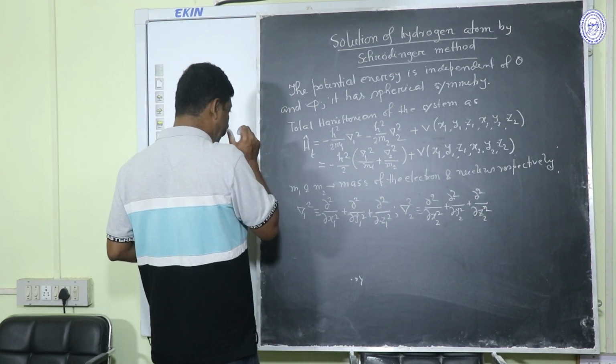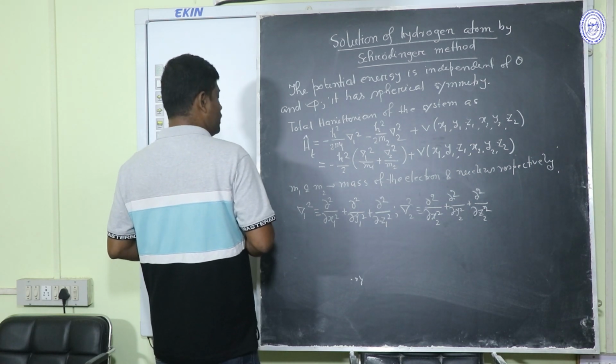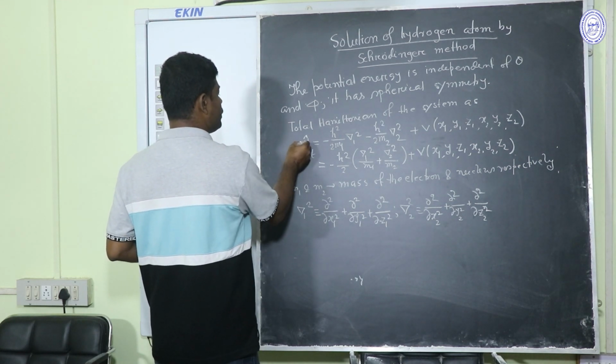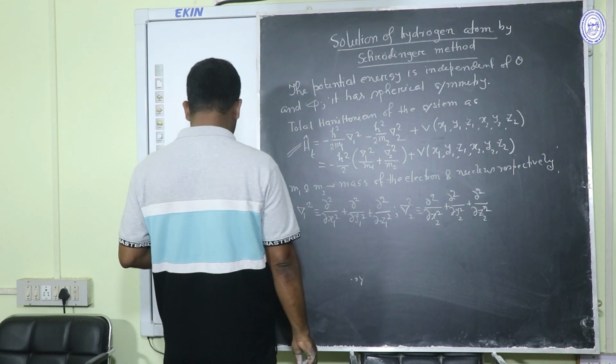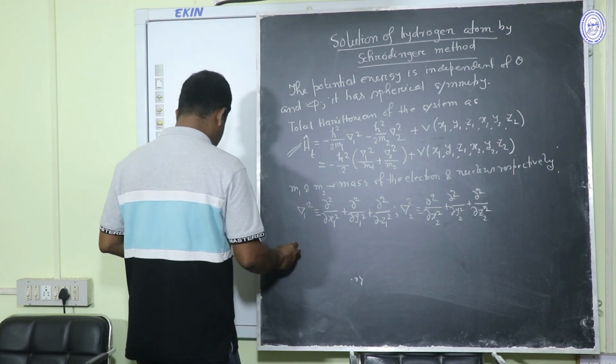Okay, this is the total Hamiltonian of the two particle system, and we now write down the Schrodinger wave equation for the system.